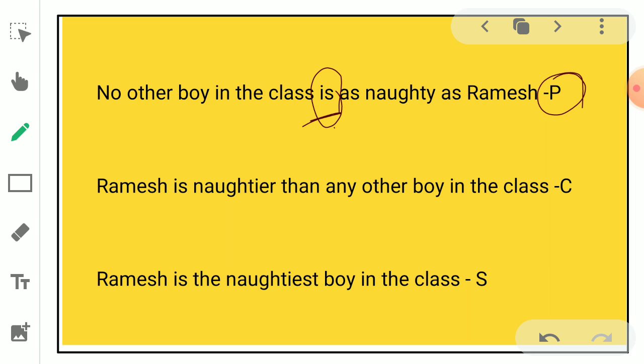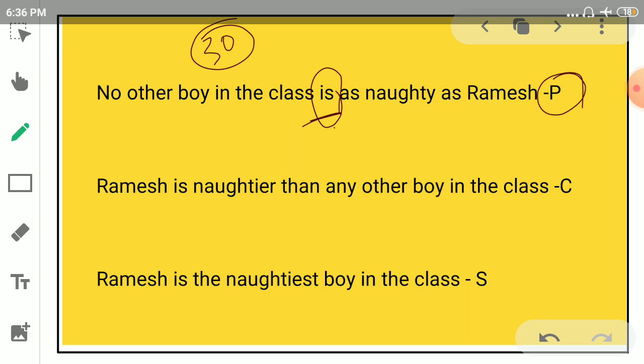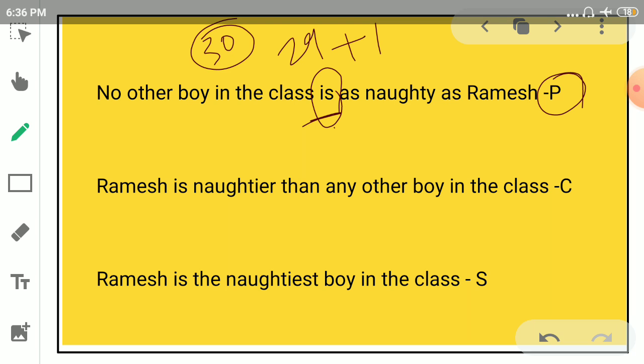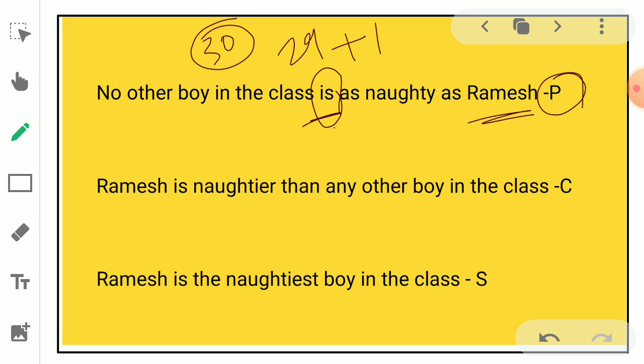So how many boys are there in the class here? There are 30 boys. In 30 boys, 29 boys are not naughty plus 1, that is Ramesh. Ramesh is naughty as compared with 29 boys. Got it? No other boy, look at the singular form, no other boy in the class is as naughty as Ramesh.